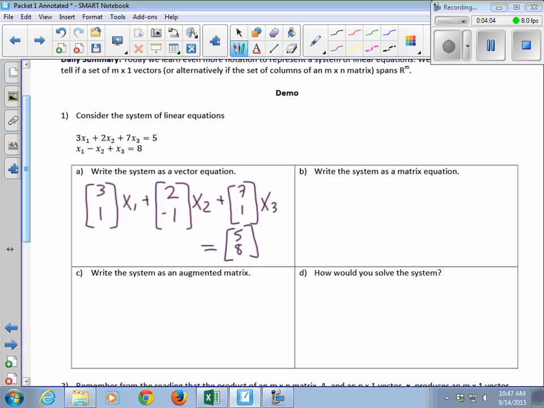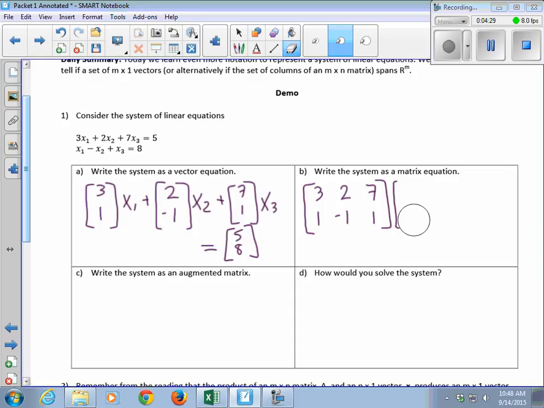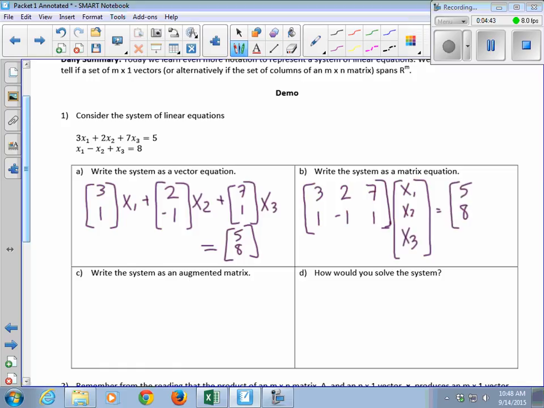If I want to write this as a matrix equation, I gather my three coefficient vectors into a coefficient matrix: 3, 1, 2, -1, 7, 1. Then I have a vector of unknowns, x1, x2, x3, which should equal 5, 8.